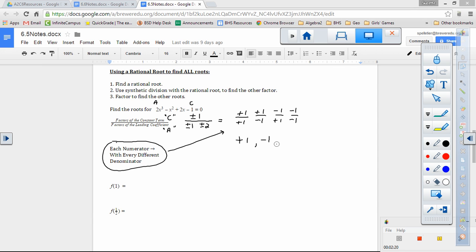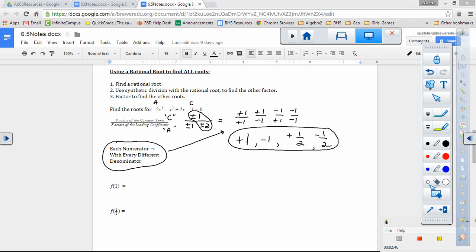So I'm not even going to bother to write out all 4 of those possibilities. I just know for a fact that my 2 choices are going to end up being positive 1/2 and negative 1/2. So I have 4 possible roots, okay? These are the 4 roots that we have to test until we find one that equals 0.